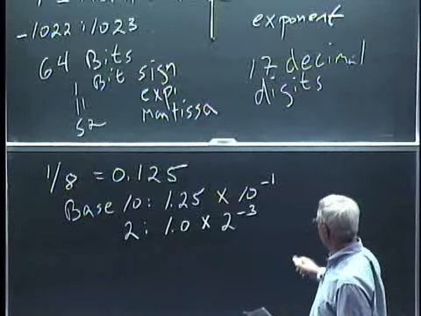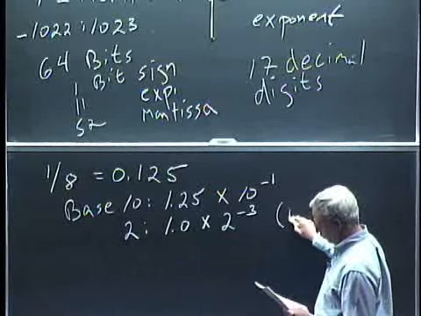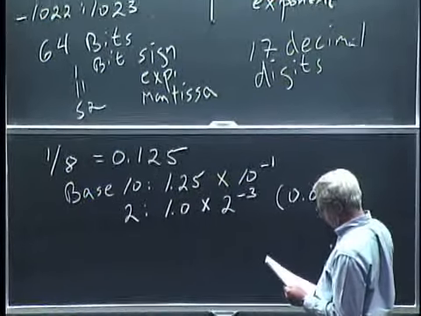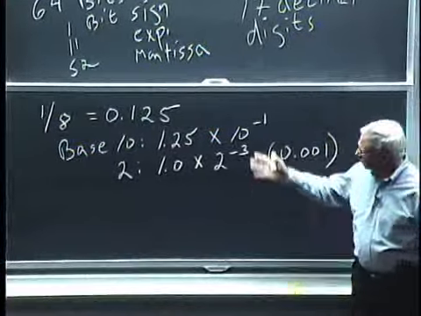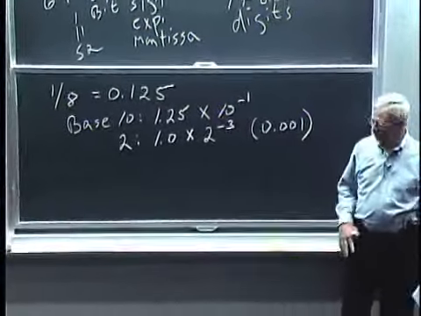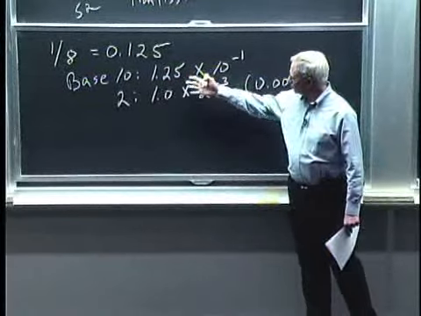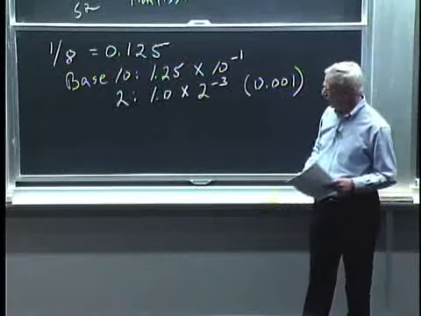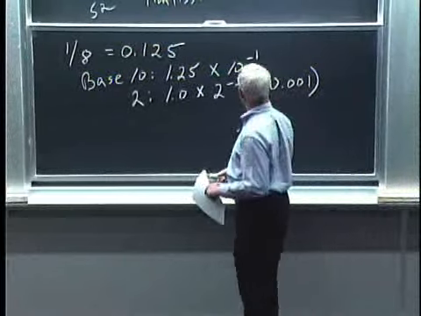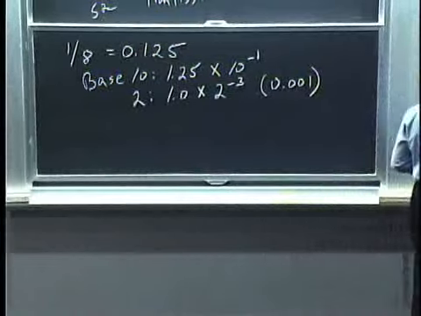So in binary notation, that would be written as 0.001. So you see, 1/8 is kind of a nice number. We can represent it nicely in either base 10 or base 2. But how about that pesky fraction 1 over 10?